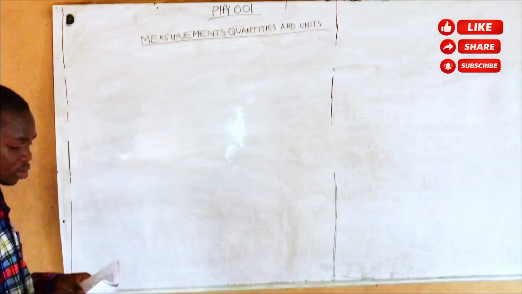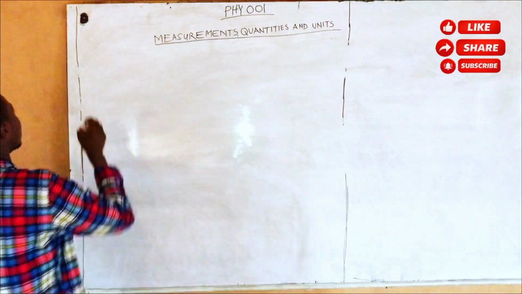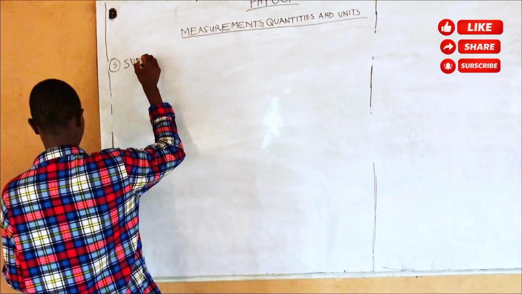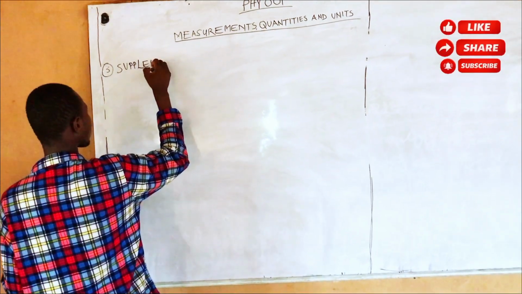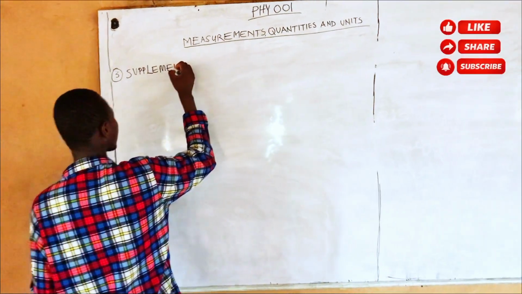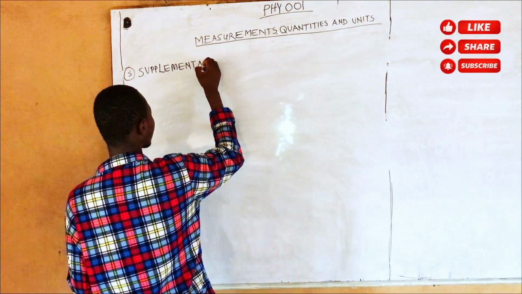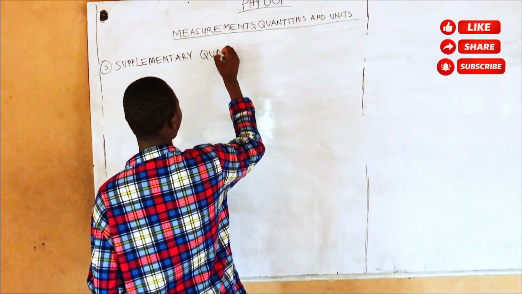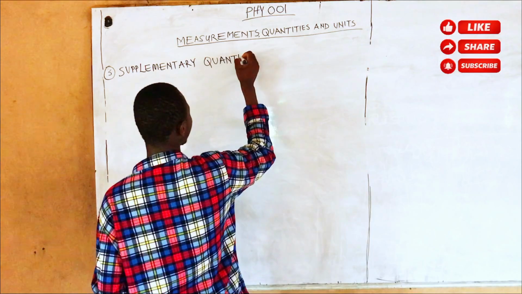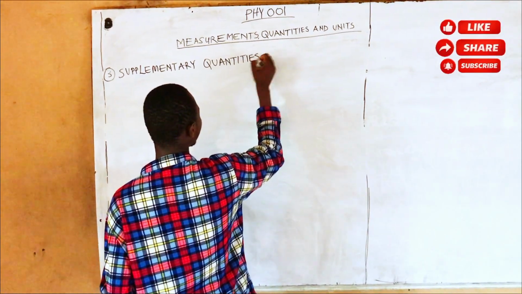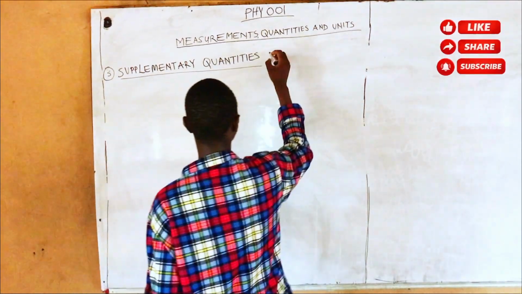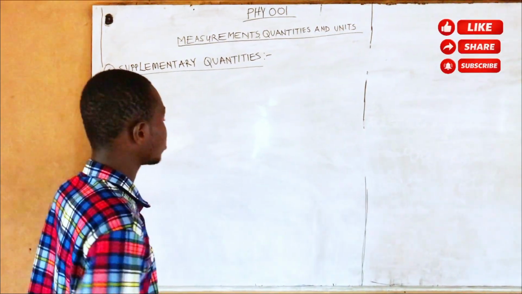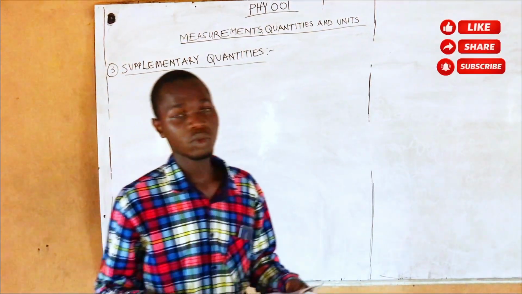So our third quantity is supplementary quantity. So when we talk about supplementary quantity, they are dimensionless quantities.